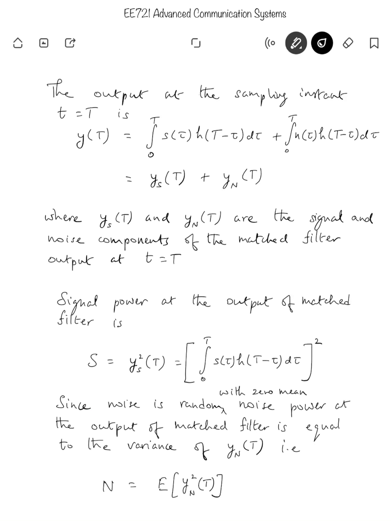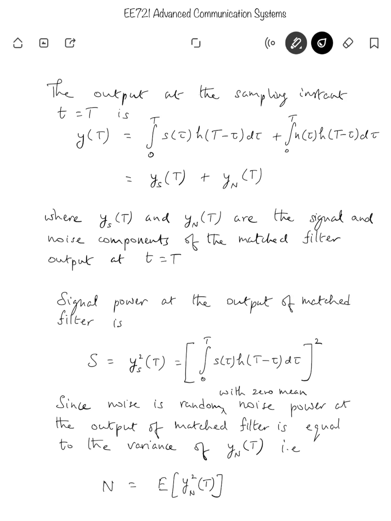Now we are interested in the signal to noise ratio. We stated earlier that one of the properties of the matched filter is that it maximizes the signal to noise ratio, right? So that means when we have this impulse response matched to the signal s of t, then the signal to noise ratio, that means the ratio of the power in the signal component to the power in the noise component, would be maximum, right?